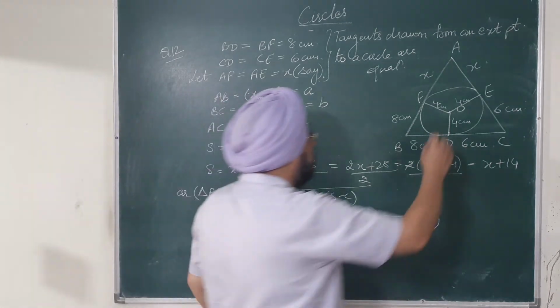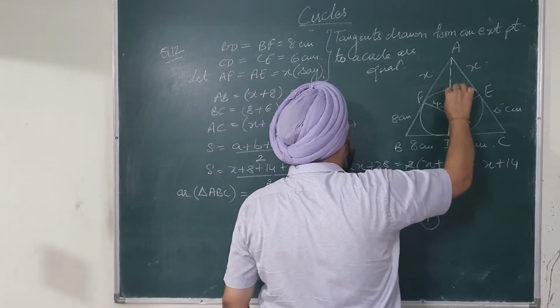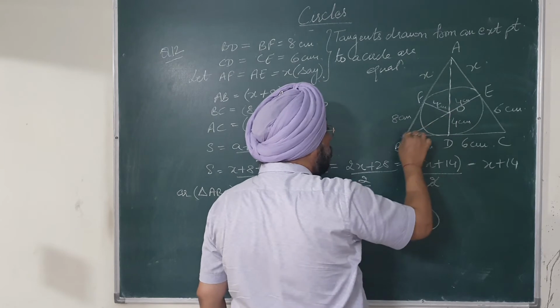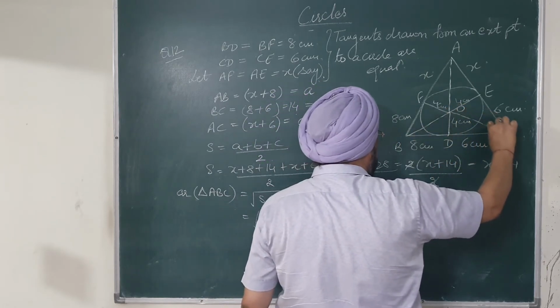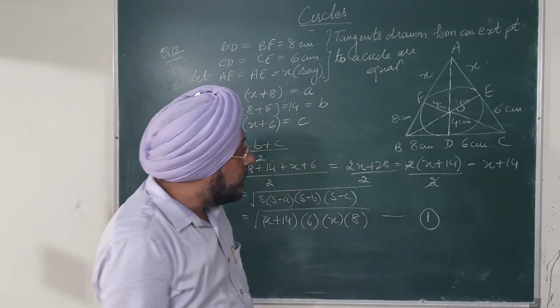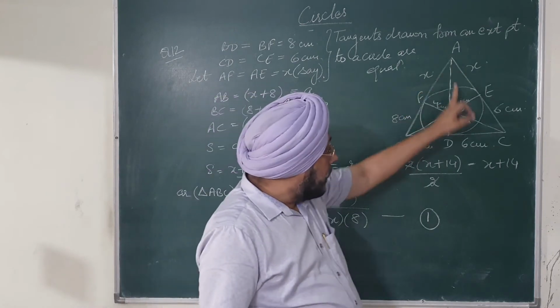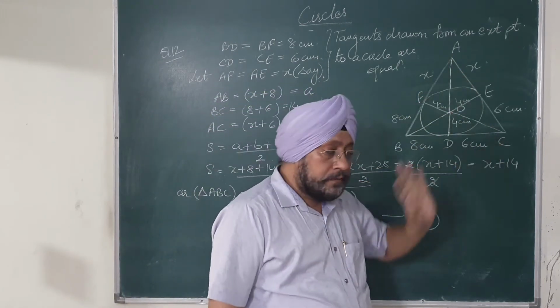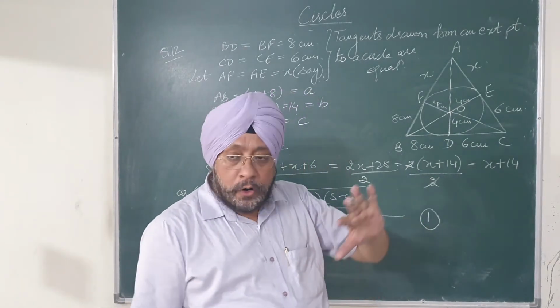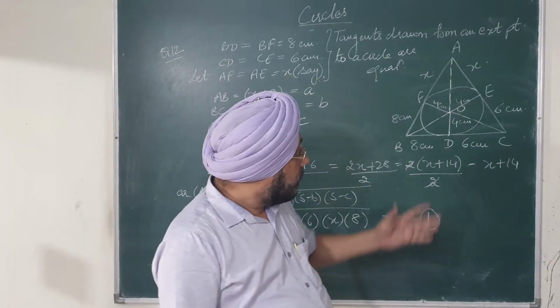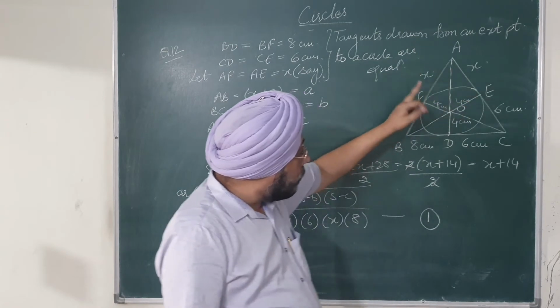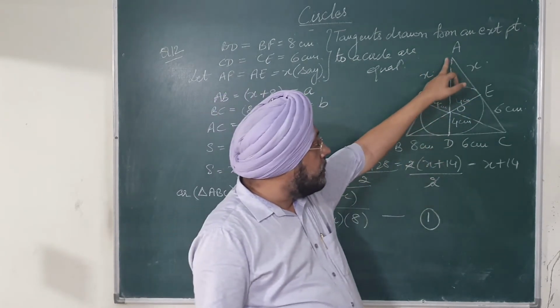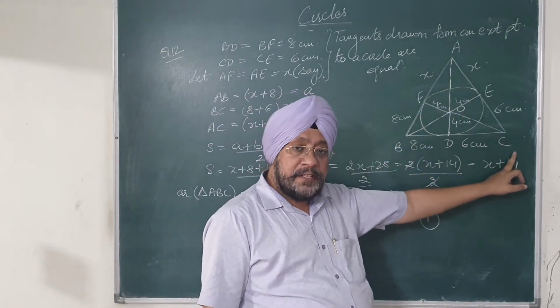Now, if I join OA, OB and OC, we get three triangles AOB, BOC and AOC. If I add all these areas, can I say the sum of all these three areas must be equal to the area of triangle ABC?